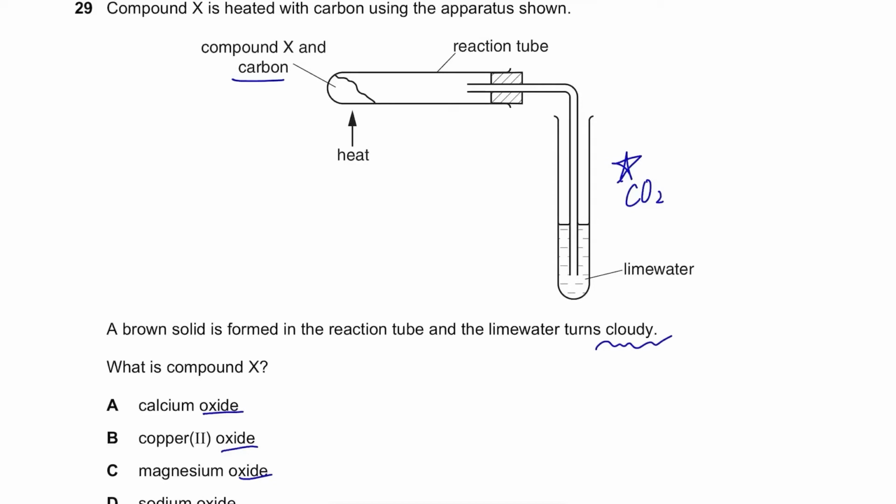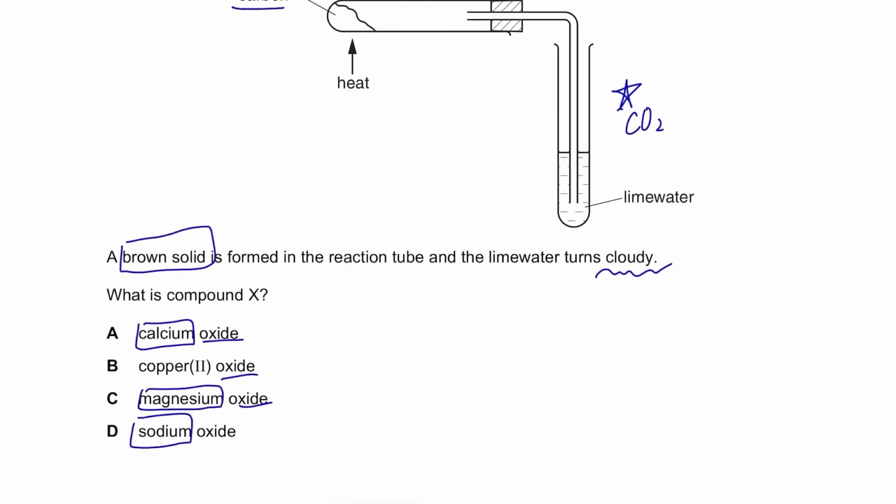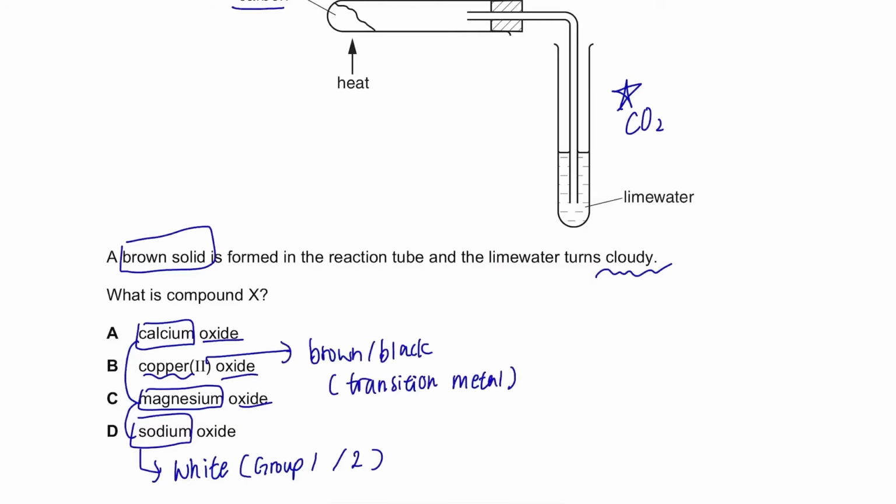We're left with the cation of the compound, and this cation is the one that formed the brown solid. Well, which of these is the colored ion? Calcium, magnesium, and sodium are all white solid. They are either in group 1 or 2, but copper(II) is a transition metal, and it is usually brown or black. So the answer is B, copper(II) oxide.